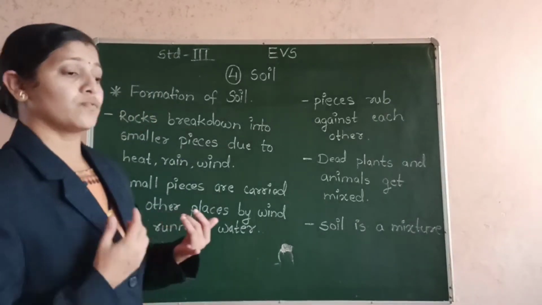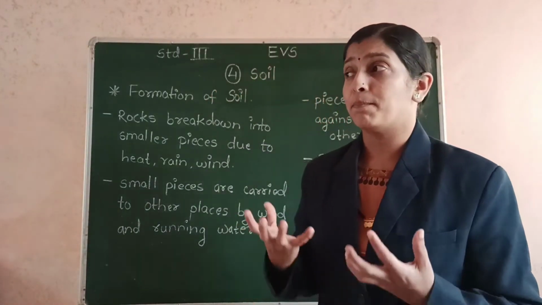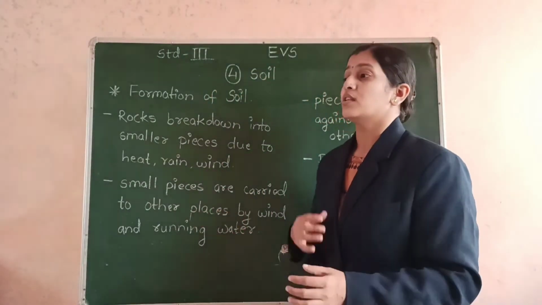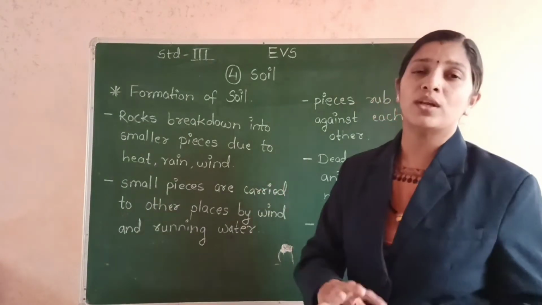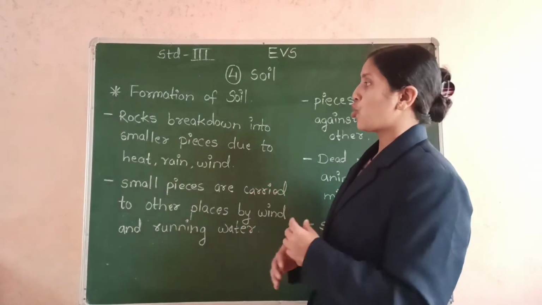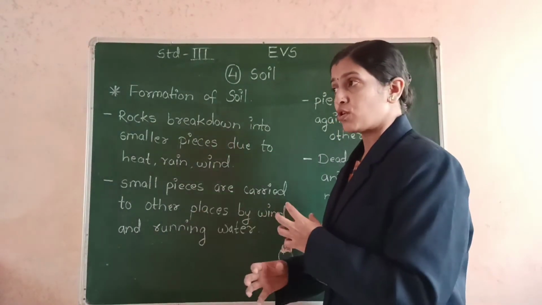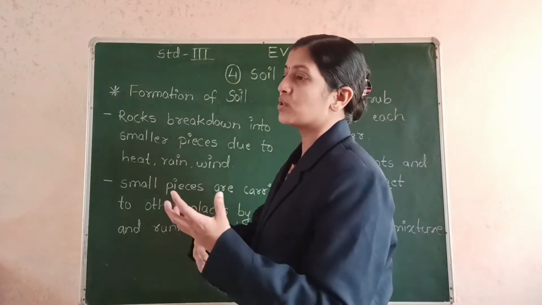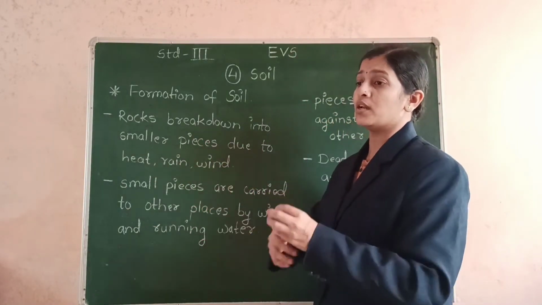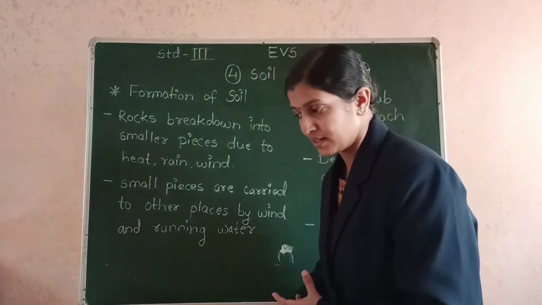Because of the heavy winds, the rains and the high temperature of the sun, the rocks undergo cooling and heating, and this process makes the rocks break down into smaller pieces. These smaller pieces again undergo the same process of heating and cooling, and break down into still more fine particles.